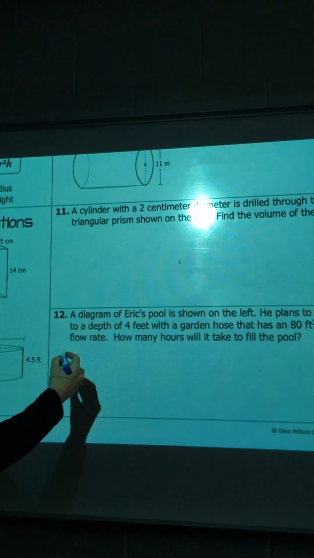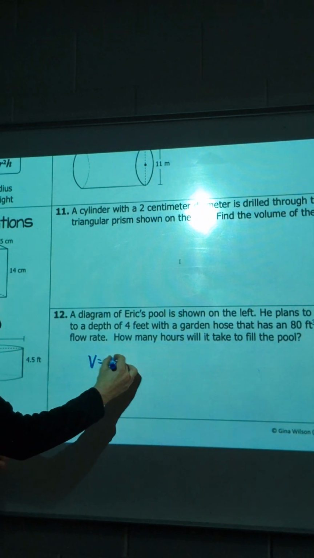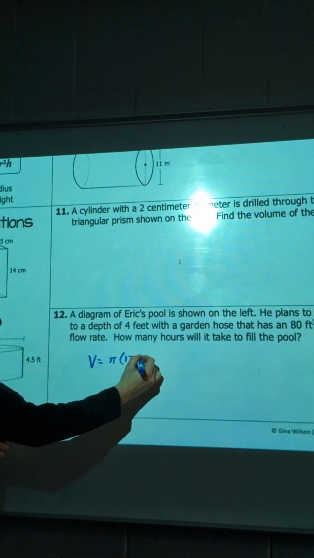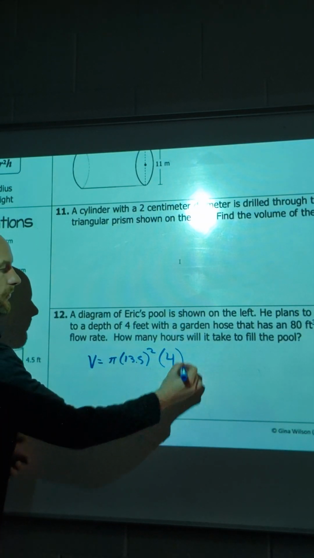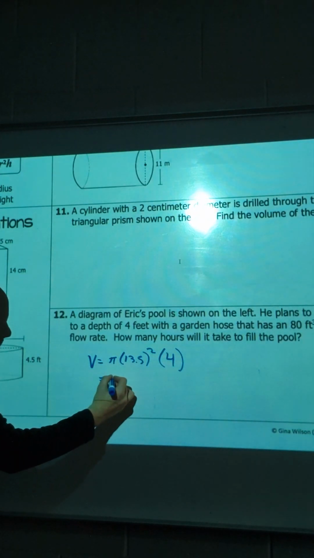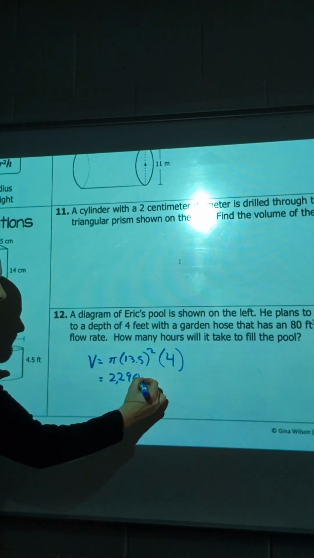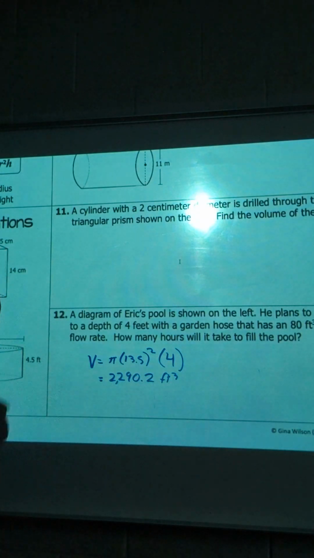Okay, so volume for a cylinder is pi r squared. The radius would be 13.5, and then the height would just be 4 because that's all that he's going to fill it to. So let's get what that is. 2290.2 cubic feet.